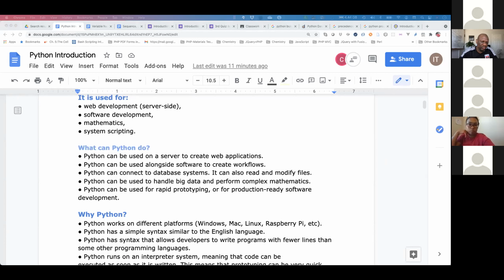When we say workflows, you can use it as a model for a main program, but since it's easy to learn and easy to use, it will be able to put together the stuff in the workflow so that we can look at the bigger picture.